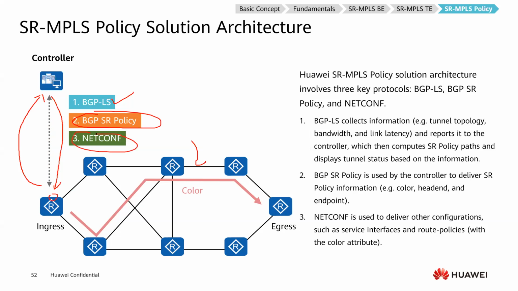And then NETCONF will carry some other configuration, like the VPN RD and VPN RT. We will use NETCONF to forward that to the ingress. Okay, so it's like this. It's a solution architecture like this.